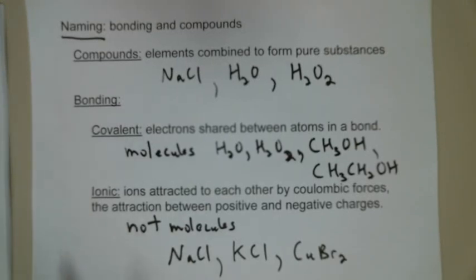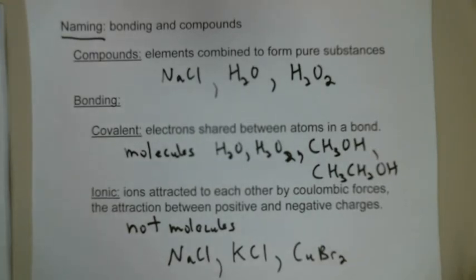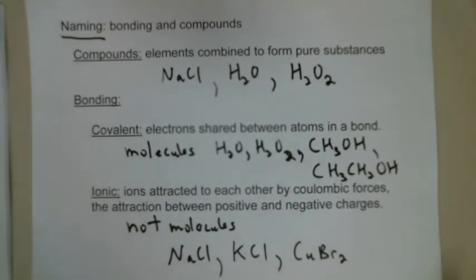And a lot of you probably learned in high school about electronegativity. Well, we don't talk about that till quite a bit later. And you learned about difference in electronegativity and how, if the difference was this big, then it was ionic. If it's smaller than that, it's covalent and shared. I don't think that's a good way to do it.